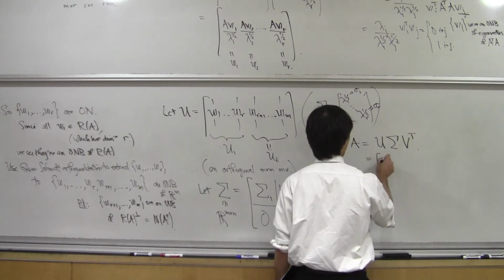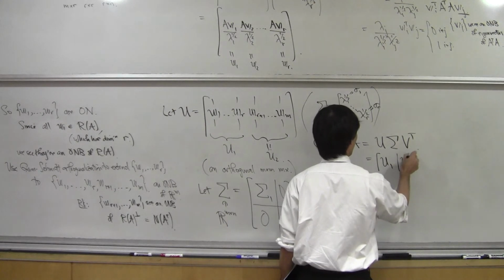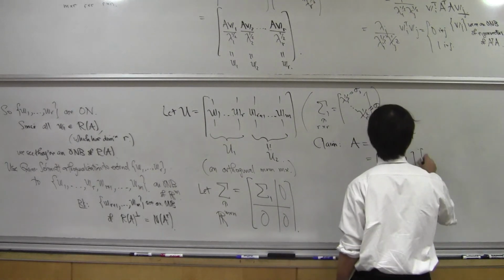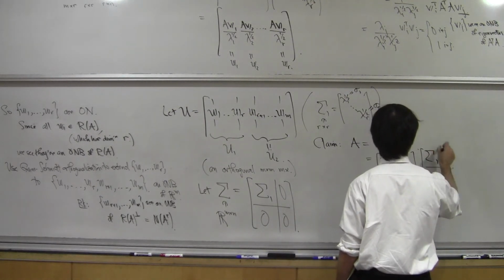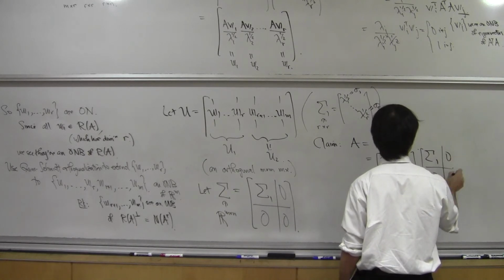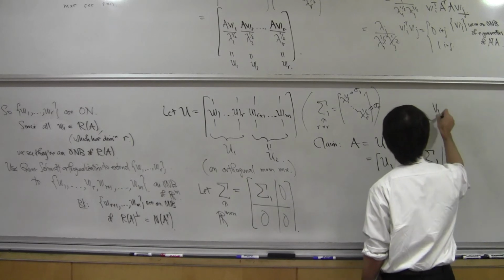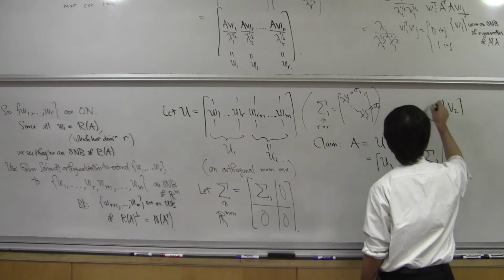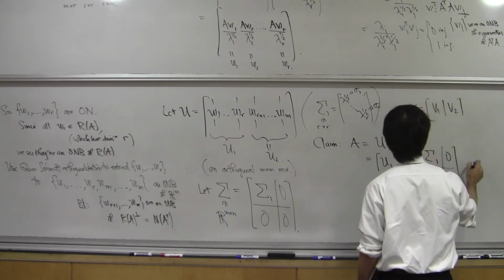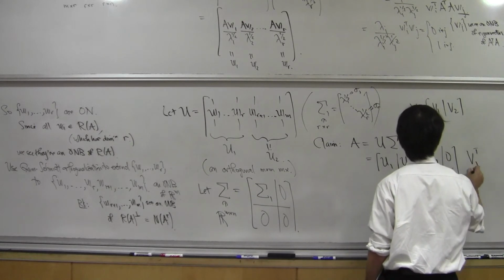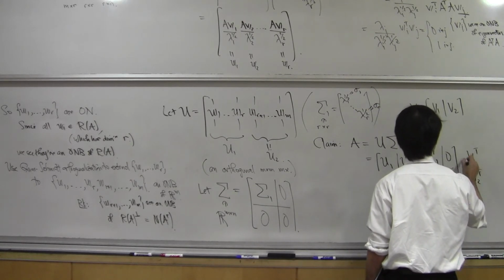Well, U is U1, U2. Sigma is sigma 1, 0, 0, 0. And then V transpose, remember what V was, V1, V2. So V transpose is going to be V1 transpose, V2 transpose.